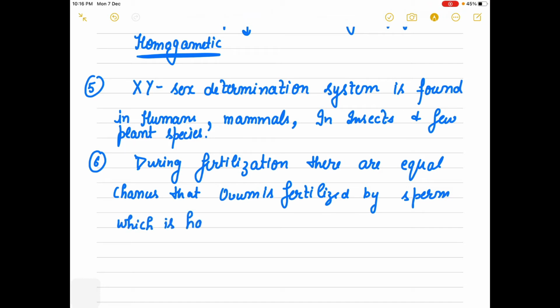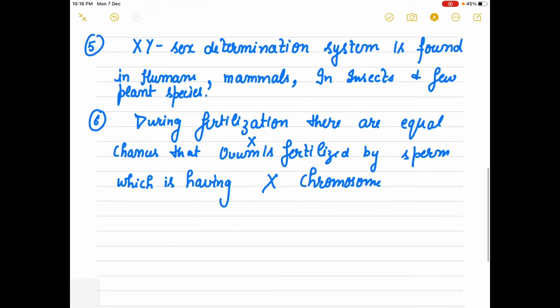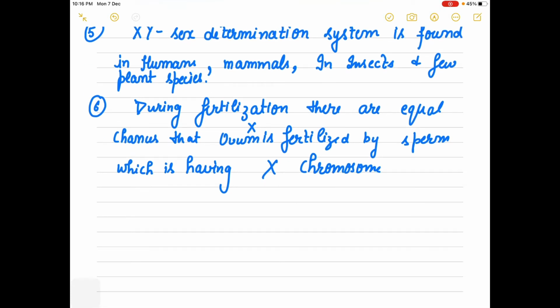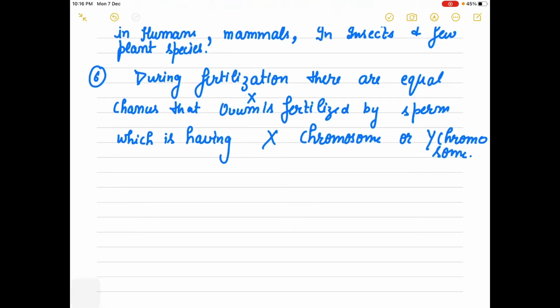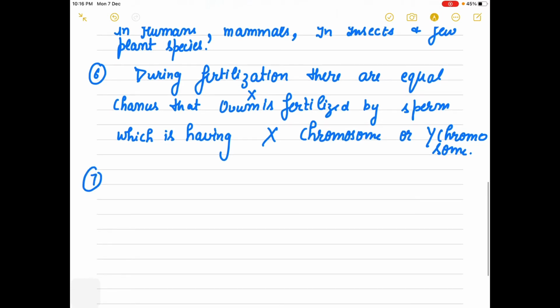The ovum already has only an X chromosome, and now the sperm is also having an X chromosome, or there are equal chances that it can fuse with the Y chromosome. Equal chances that it fuses with X or with Y.